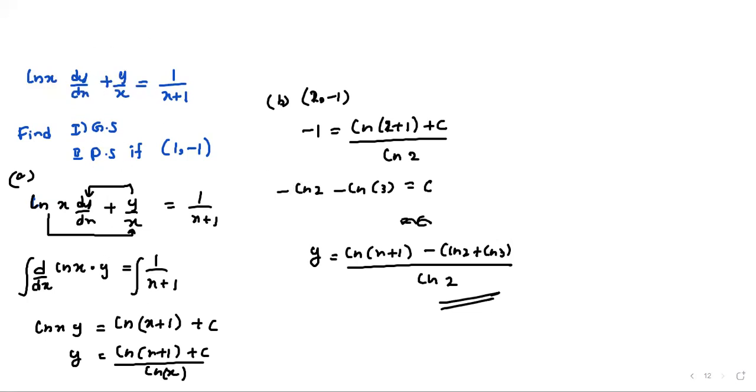This is the general solution for it. If you want to get this, dy by dx plus 2y equals e to the power x. Here the differentiation of y is here, but the differentiation of the other term is not available here. Therefore you have to find the particular integrating factor.